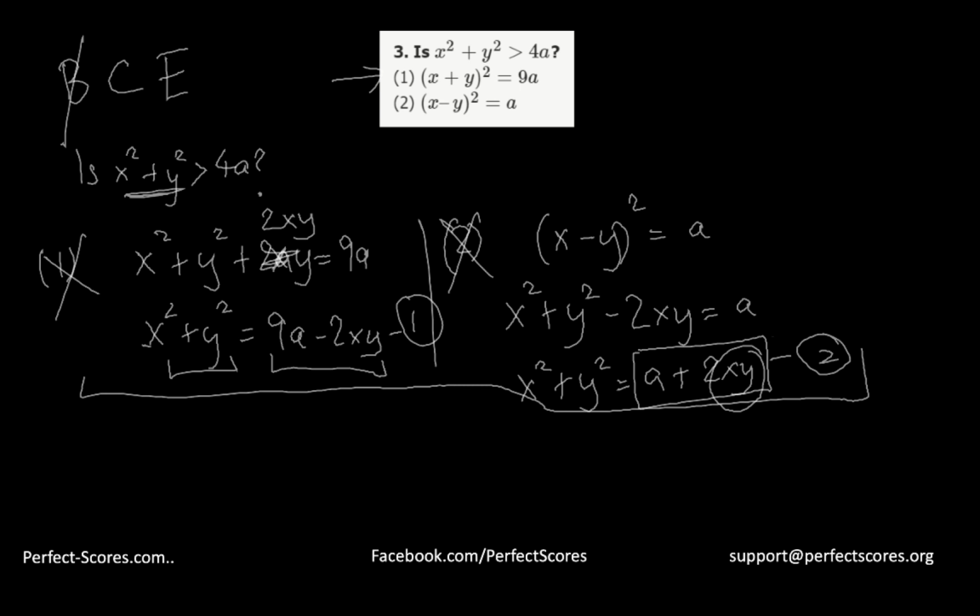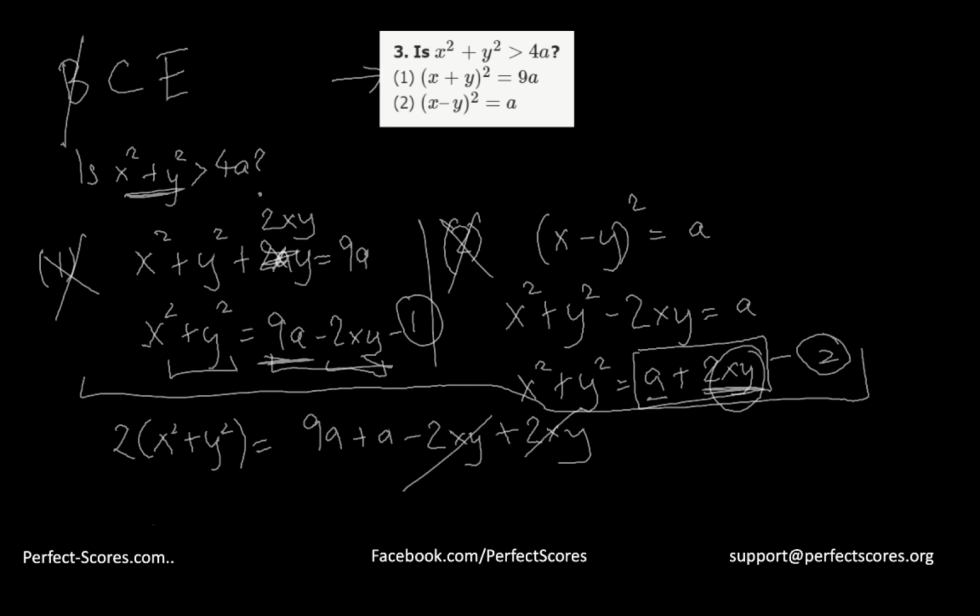So I get 2 times x square plus y square is equal to 9a plus a, minus 2xy plus 2xy, and this and this get cancelled. So I get 2 times x square plus y square is equal to 10 times a, and x square plus y square is equal to 5a.